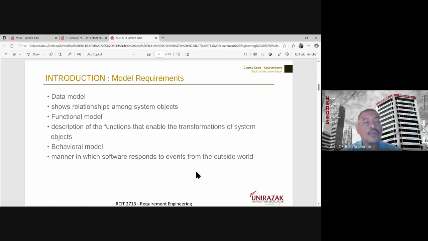Okay, there is also a functional model as well, and also a behavioral model. A functional model is a description of the functions that enable the transformation of the system objects, whereas the behavioral model is the manner in which the software responds to events from the outside world. Okay, how does it behave?